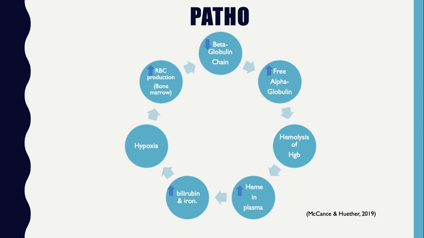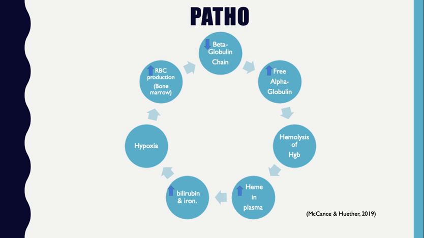So the pathophysiology of this: the decrease in the beta globin chains causes increased alpha globin, which are just free because there are no beta globin chains or they're significantly decreased. Because of the excess of these alpha globins, they can cause damage to the cell membrane, which then marks the cells for hemolysis, so they are broken down.